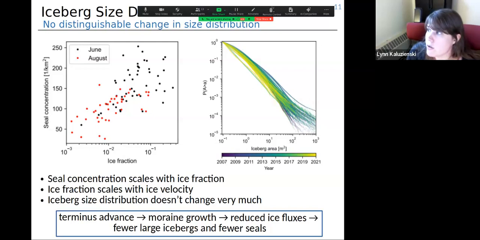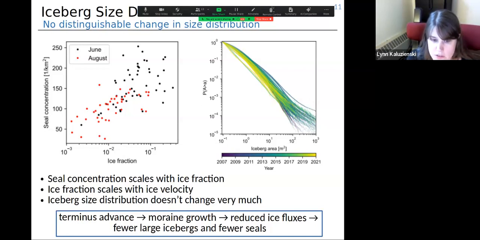In general, we didn't find a change in the shape of this graph. So the relative number of small versus large icebergs per year hasn't changed, despite the fact that ice fraction in general has been decreasing. This allows us to draw one conclusion.